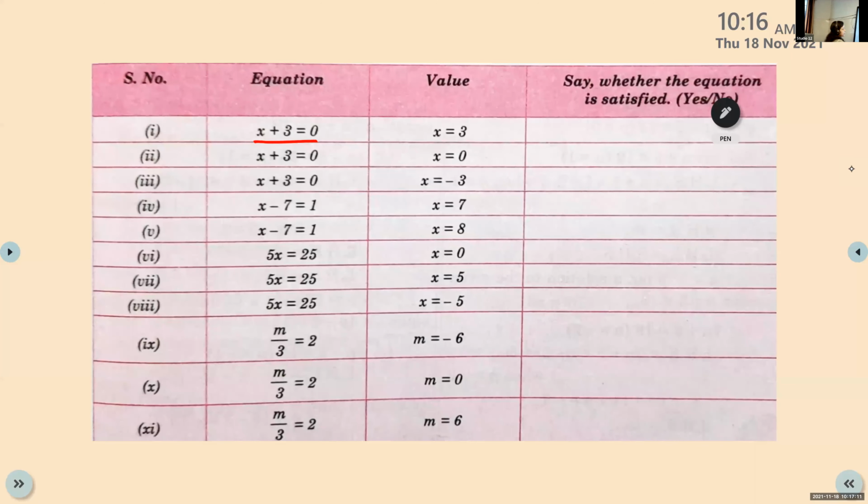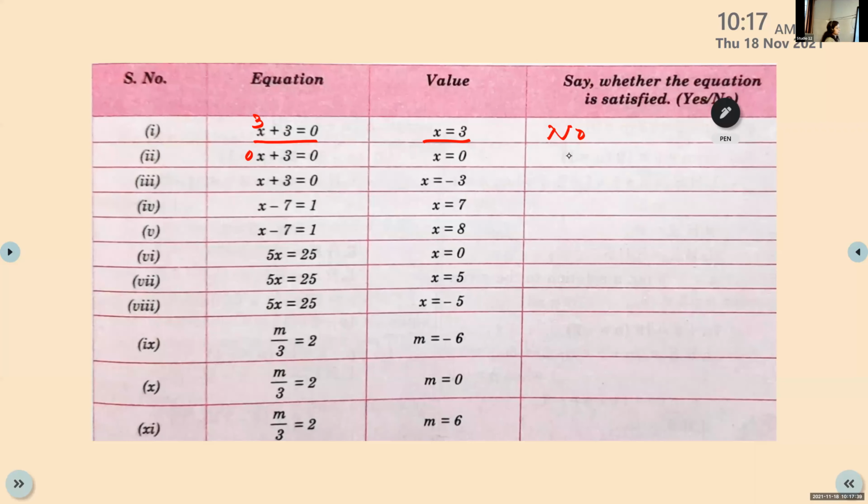No, because if you put 3 in the place of x, 3 plus 3 we get 6, not 0. Next one, x is equal to 0. Is it correct? Check. 0 plus 3, the answer is 3, not 0. So it is also not correct.